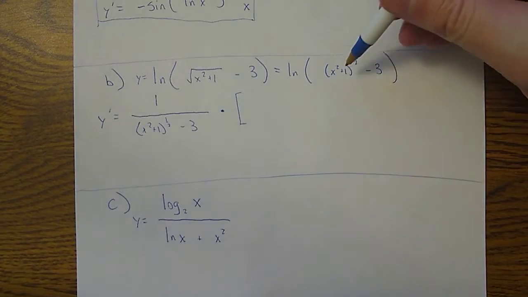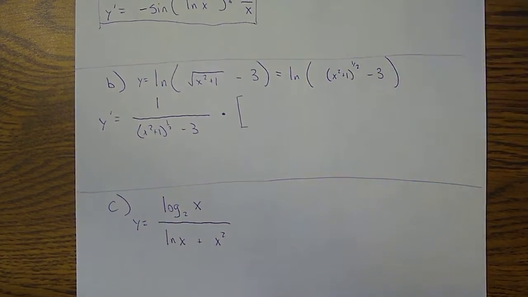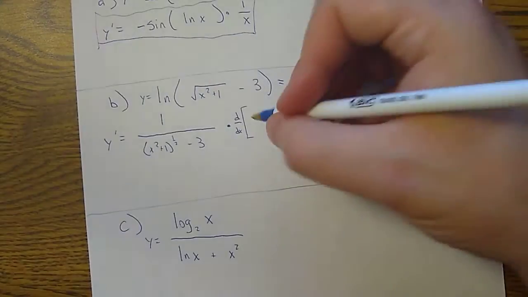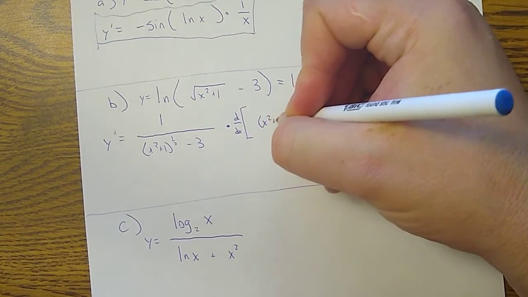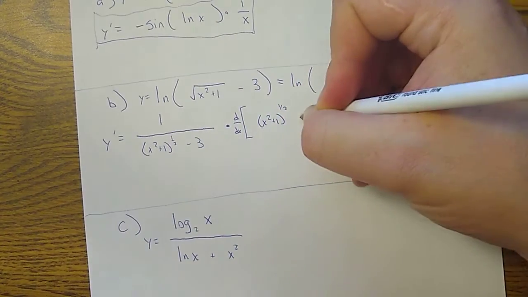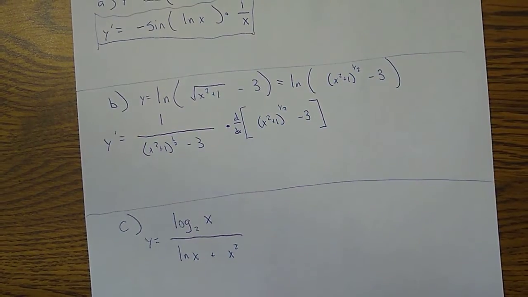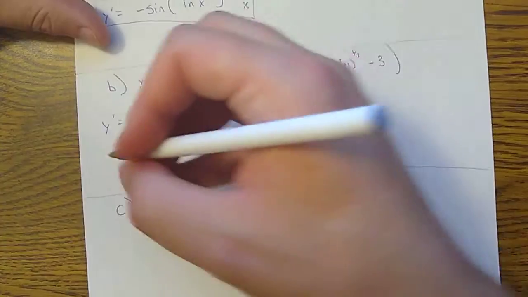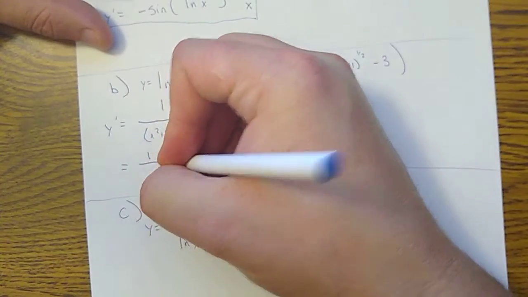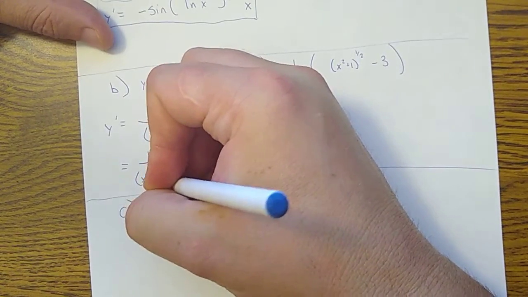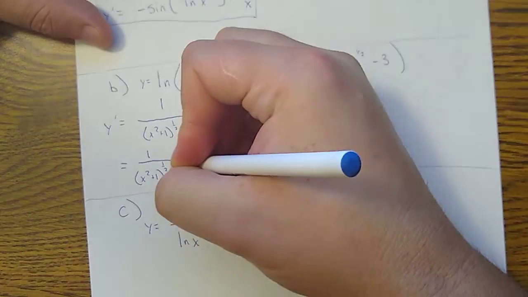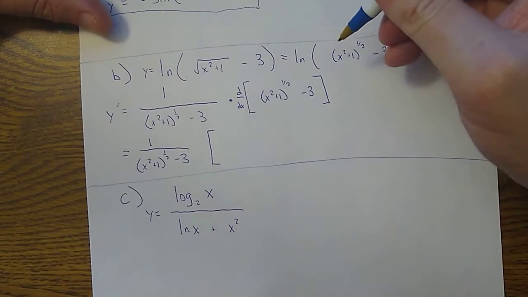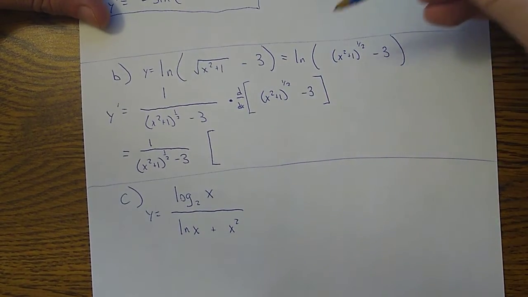So now I'm doing the derivative of, actually, I won't do this all in one step. I'm just going to write, this is the way I did it before. What I still have to do is the derivative of this. If you get good, you can do this all in one step, but I don't want to do too much at once because I want everybody to follow me.